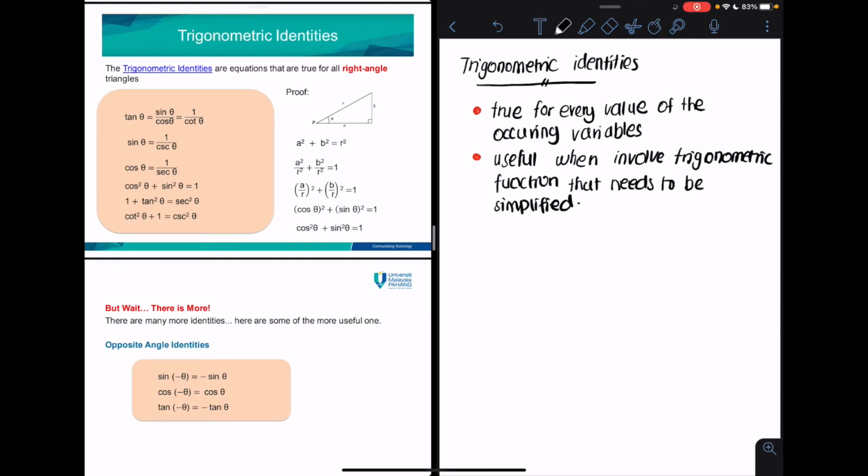In mathematics, trigonometric identities are equalities that involve trigonometric functions and are true for every value of the occurring variables where both sides of the equality are defined. These identities are useful whenever expressions involving trigonometric functions need to be simplified.